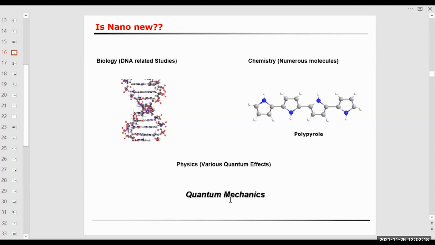They are now saying 400 to 700 nanometers. But it doesn't mean that we didn't know about the wavelength of light before. Similarly with DNA, chemistry and physics, we have been dealing with several objects and systems which are quite small. But then, how old is nano?